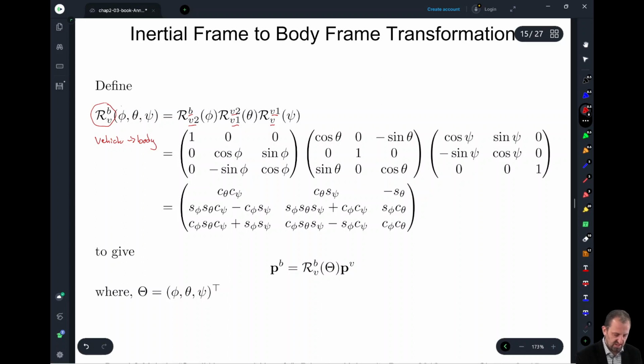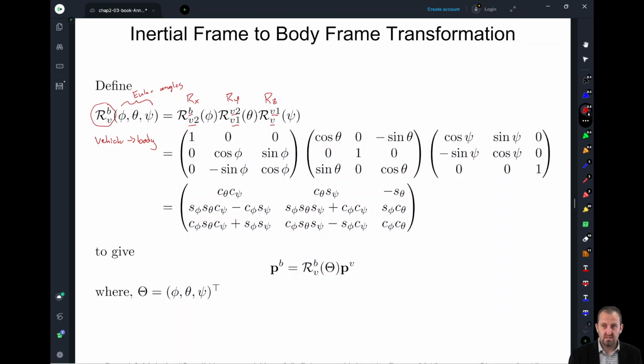It's a function of our Euler angles. Recall this was an RZ, RY, and RX, and I can't emphasize enough that this is the version of Euler angles that we're using.